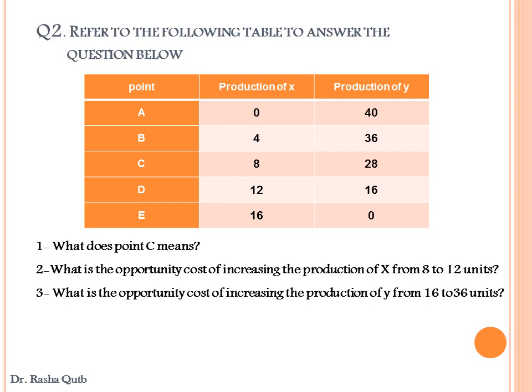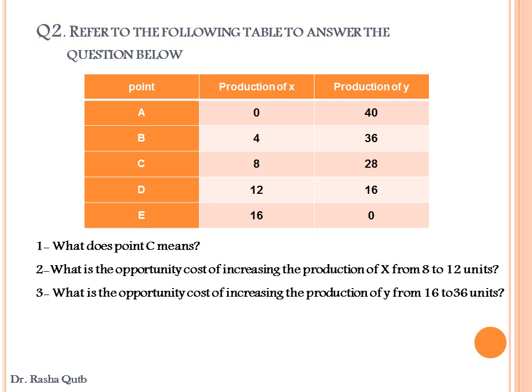So moving from point C to point D, we are giving up around 8 units of Y, from 28 to 16. So the opportunity cost of increasing the production of X from 8 units to 12 units is the 8 units given up from Y.